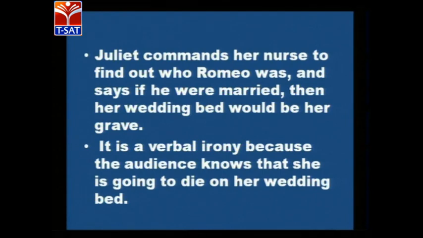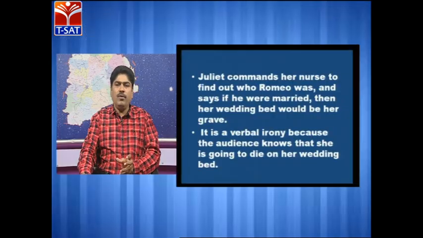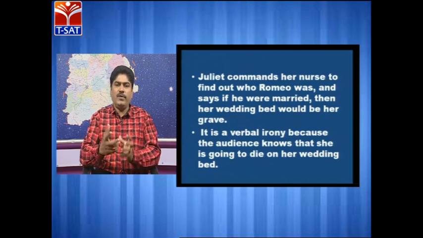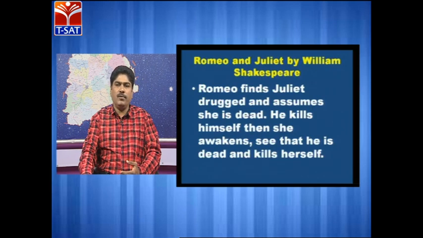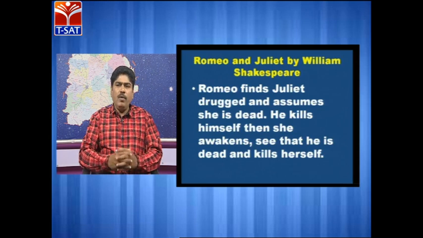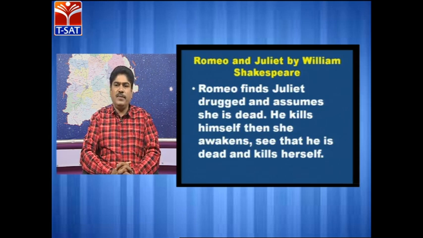because the audience knows what is going to happen. That is why they know more information than the characters. That is why this is one example for dramatic irony also. And here Romeo finds Juliet drugged and assumes she is dead.